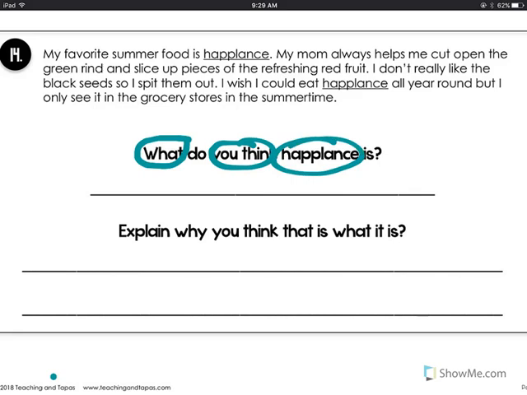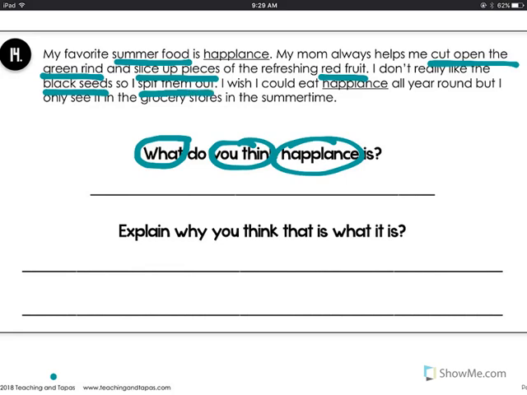Well, based on my clues, let's see. I know it's a summer food. We have to cut open the green rind and slice up pieces. It's a red fruit. Has black seeds. Now this one's big. I spit them out.